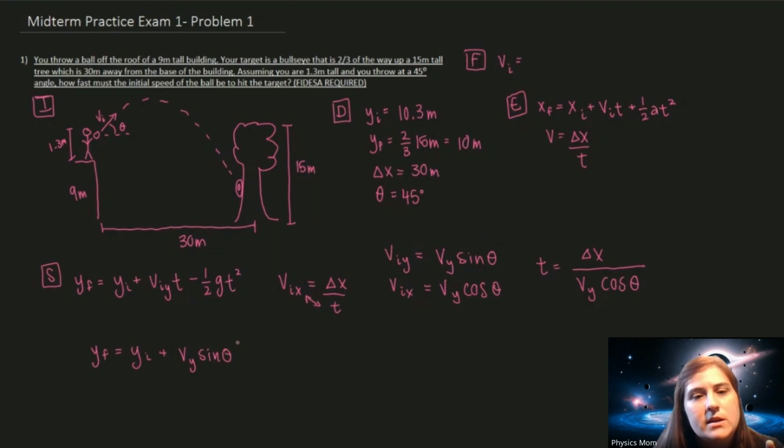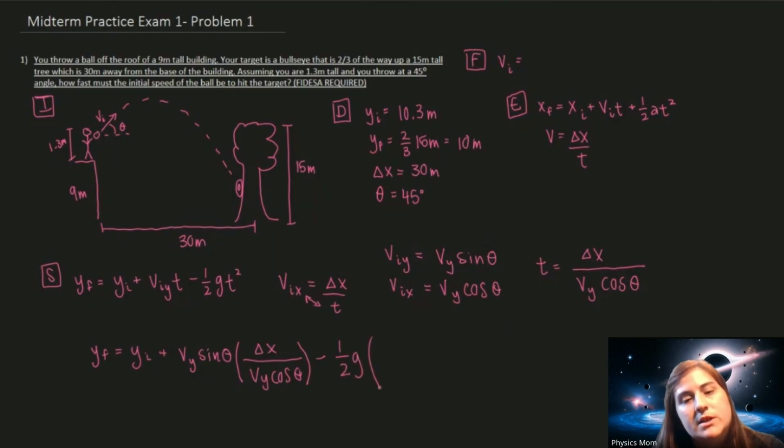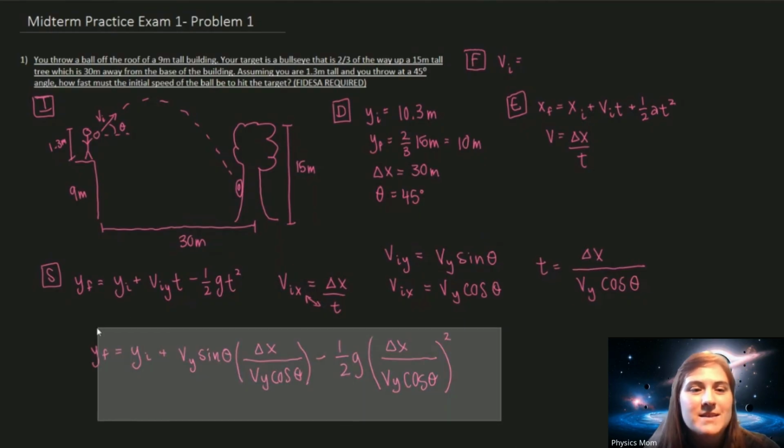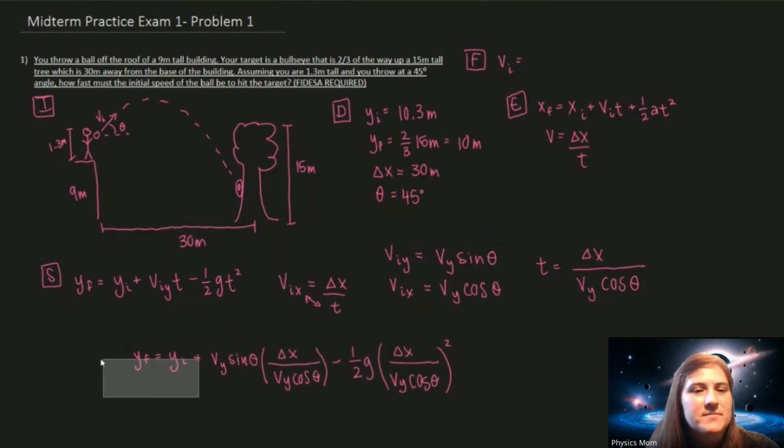Instead of writing t, I'm going to write delta x over v cosine theta, minus 1/2 g. Pay attention, this is squared: delta x over v cosine theta, all of that is squared. And that's a mess, but there's ways we can simplify it.